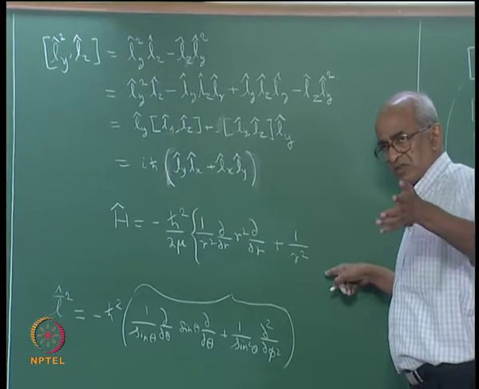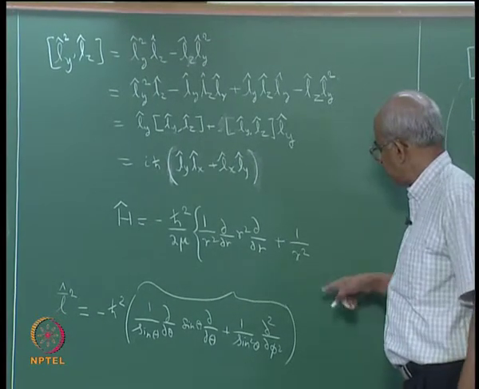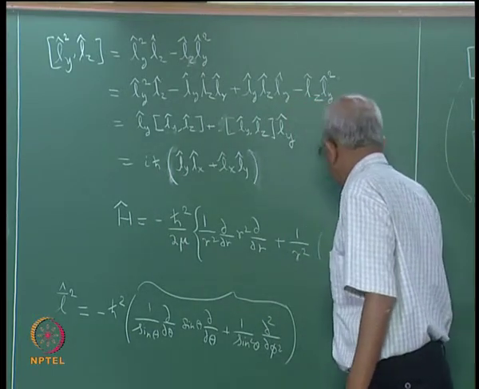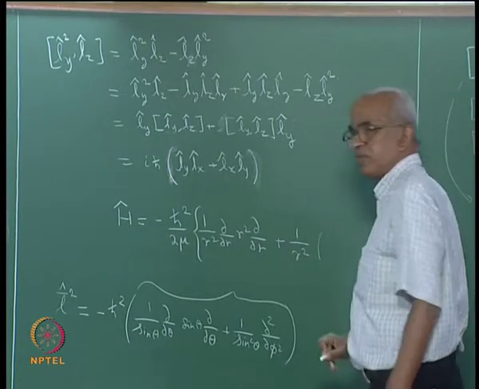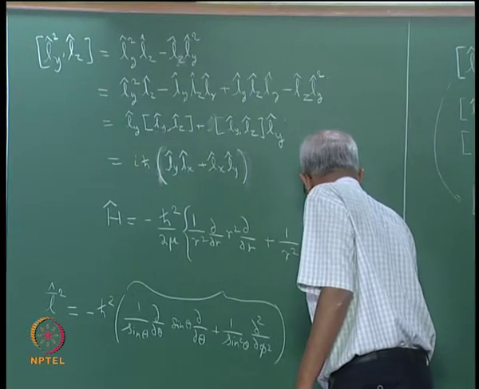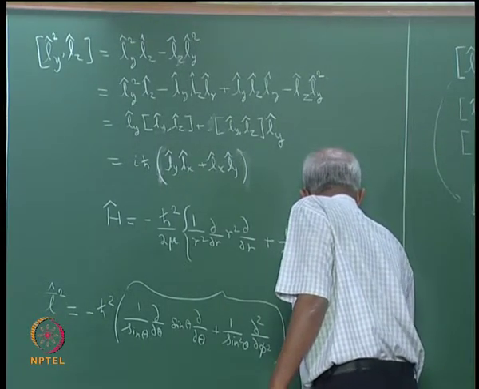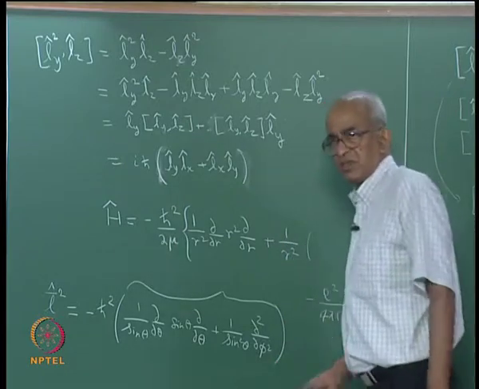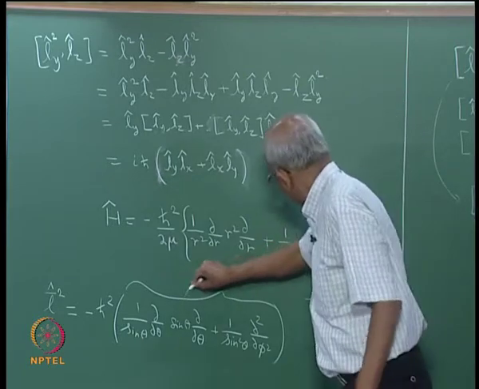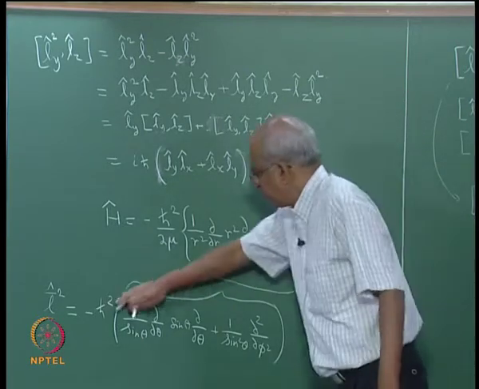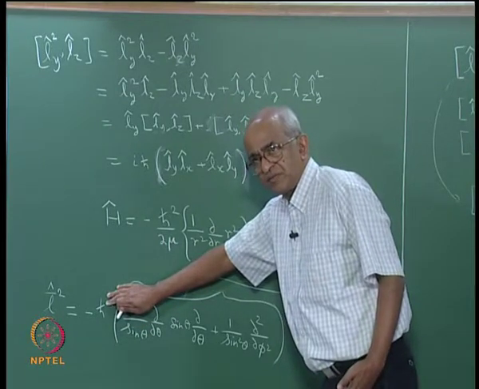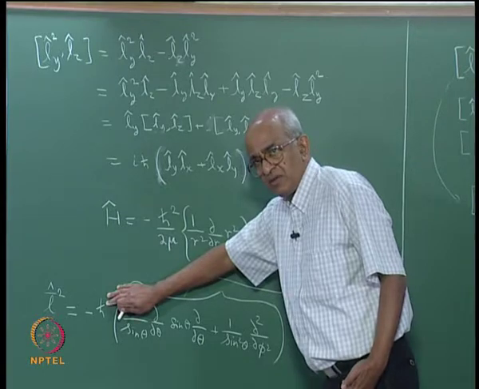If you look into the notes or previous lectures, you will find that, and therefore, what I can do is, this operator that was sitting there, there is an angle dependent term sitting there, correct, and then of course you have the additional term minus e square by 4 pi epsilon 0 r, which is the potential energy of the system. That is the full structure of the Hamiltonian, and what is sitting here is nothing but this object without the ħ square. That is what is sitting there. Fine.